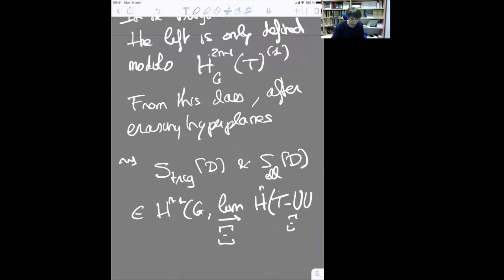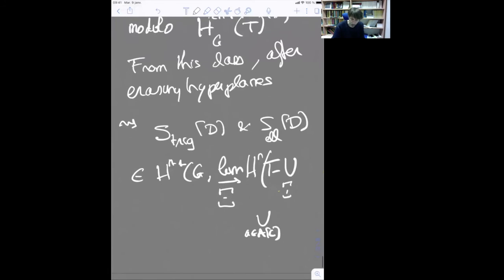So, Hn of T minus the union of the A, where the A are some torsion points, and you take k minus 1 of A. So it's affine hyperplanes in T. So you have a collection of affine hyperplanes. You take the limit over these hyperplanes, and now you have this cocycle.